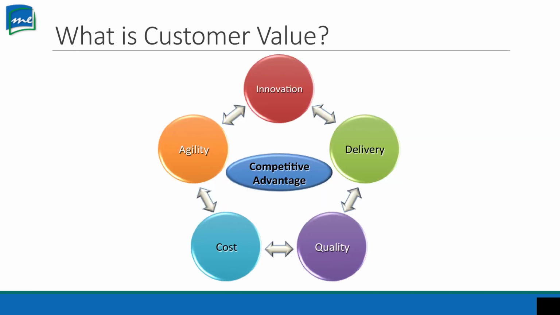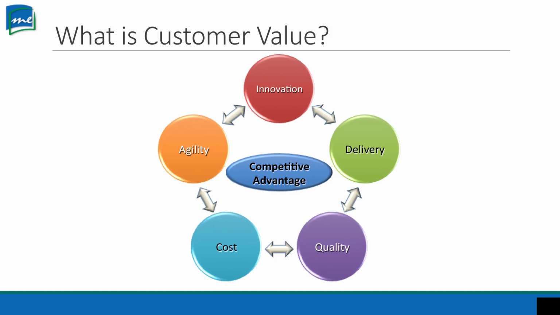So to define our customers' value, we have all these different areas. Innovation, delivery, agility, cost, quality. All these are competitive advantages. Some companies really specialize in specific areas. For example, innovation might be Apple.